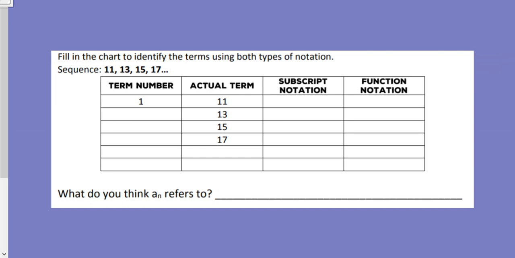So let's fill in the chart to identify the terms using both types of notation. Okay, so term number 1 is 11, and then I have term number 2 is 13, term number 3 is 15, term number 4 is 17, and since I know that each time I'm adding 2, then my fifth term will be 19, and my sixth term will be 21, because each time I'm adding 2.